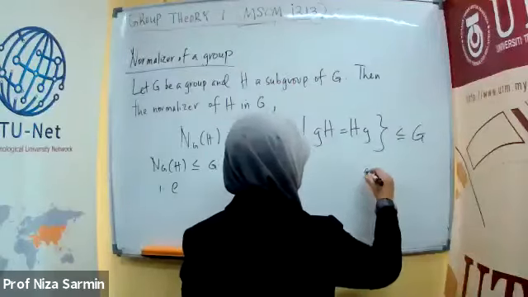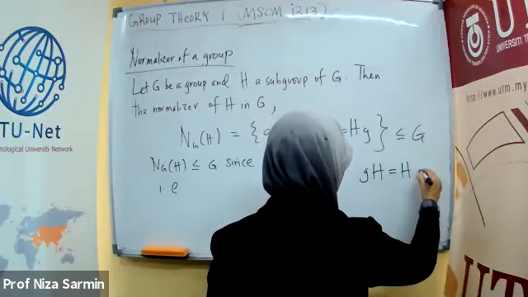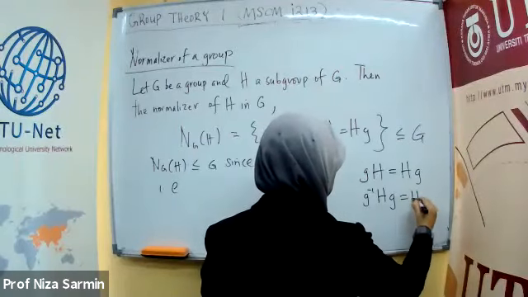If we put instead of gh equal hg in the condition, instead of this, if we use g inverse h g equal h, is it the same or no? So gh is hg. Yeah. This is the assignment number 6. No, because of that I asked this question.